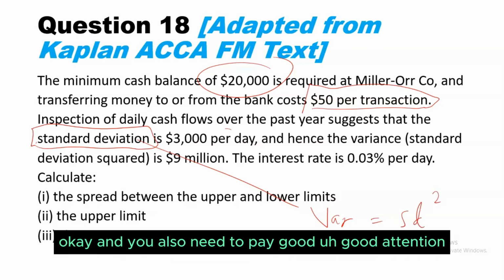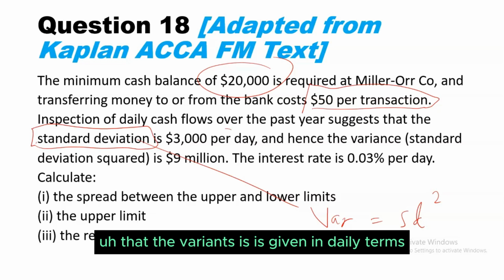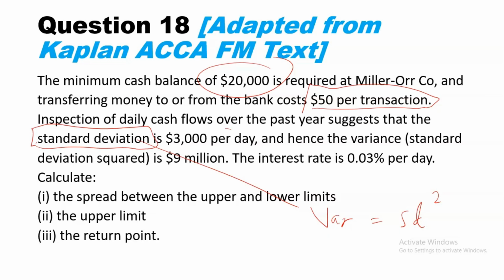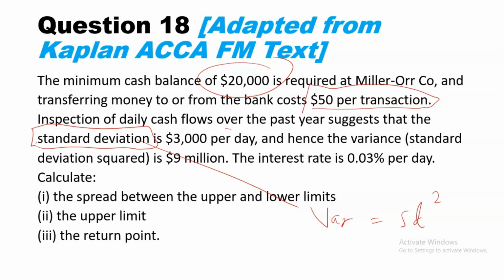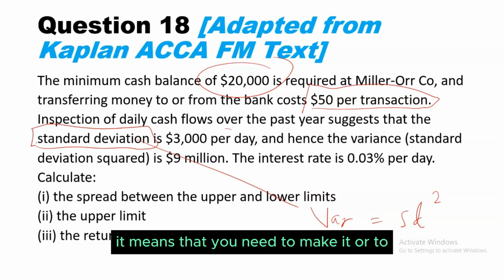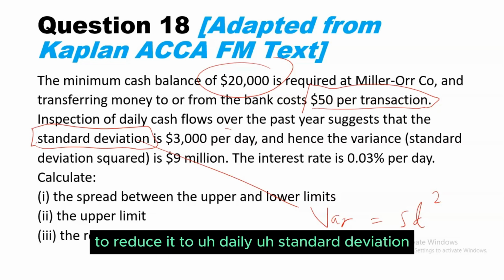You also need to pay good attention that the variance is given in daily terms. If you are given an annual standard deviation, it means that you need to reduce it to a daily standard deviation.